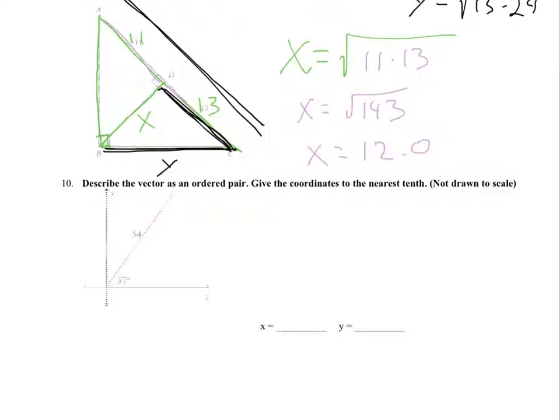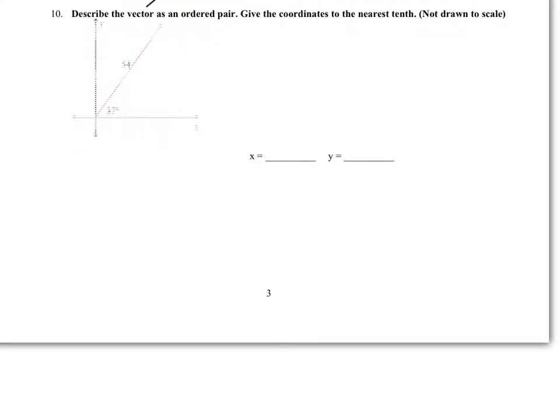And the last question, what we've got is a vector. Well, it forms a right angle. 37 is my angle, and my hypotenuse would be 54. So in relationship to this angle, this is the hypotenuse, x is going to be adjacent, and the y coordinate is going to be opposite.